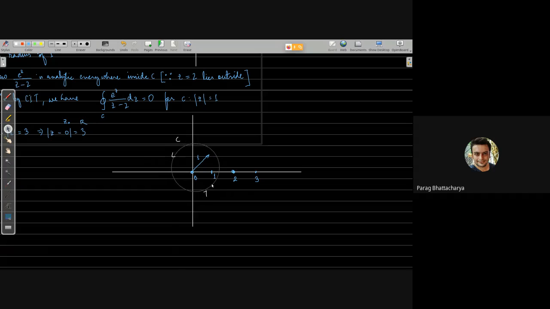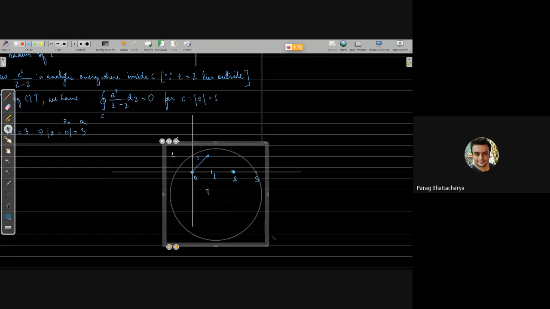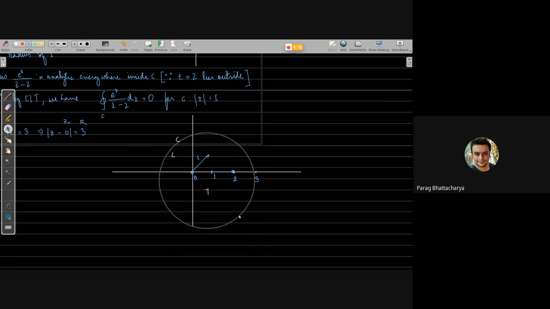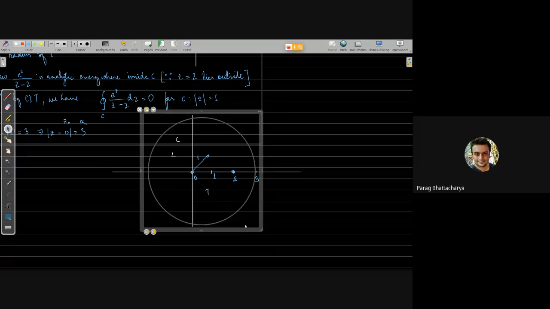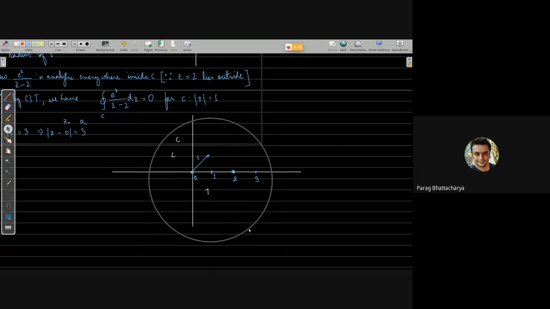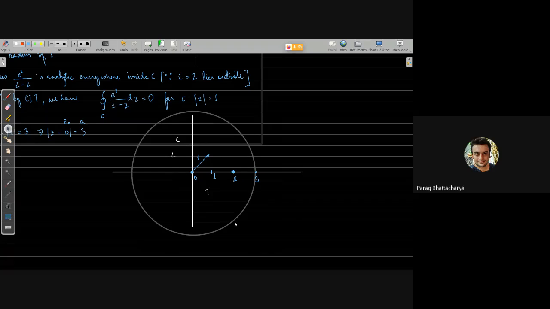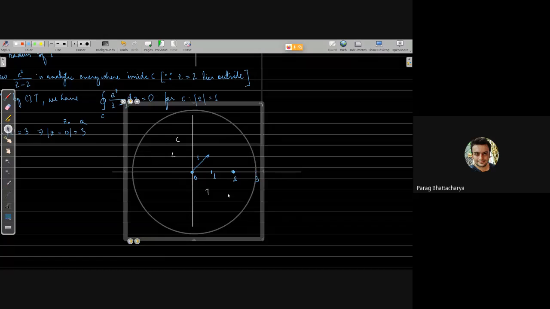So earlier this was a circular path of radius 1, but now the radius has become 3. The radius of the path is no longer 1. The radius of the path is 3.